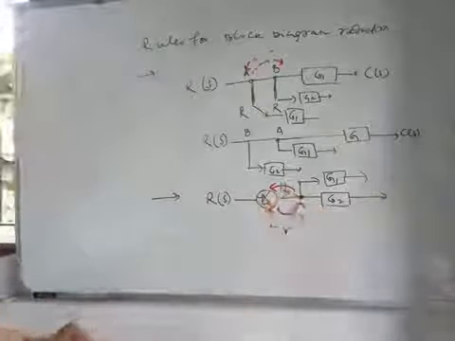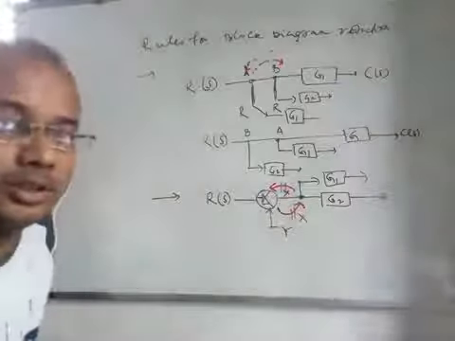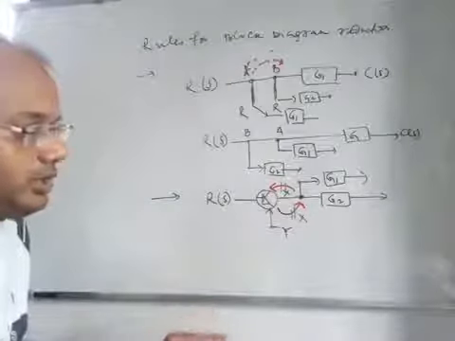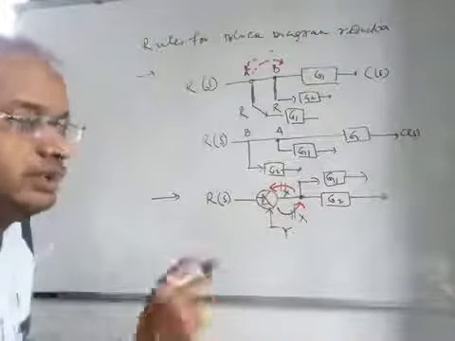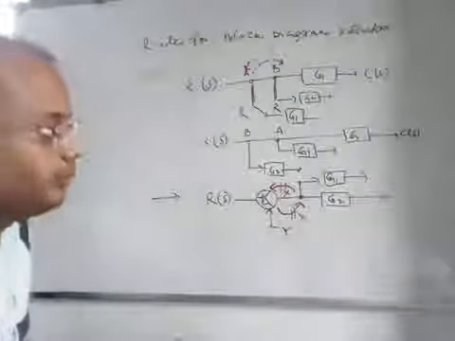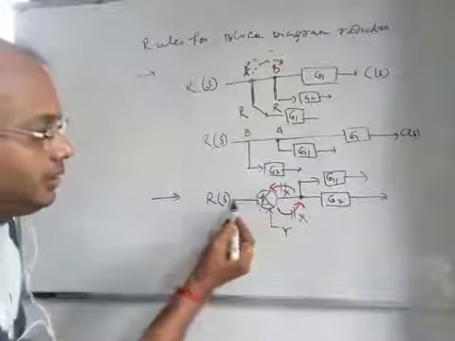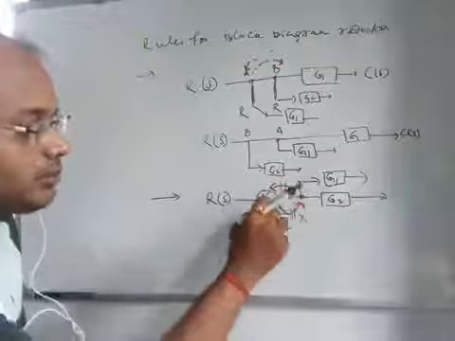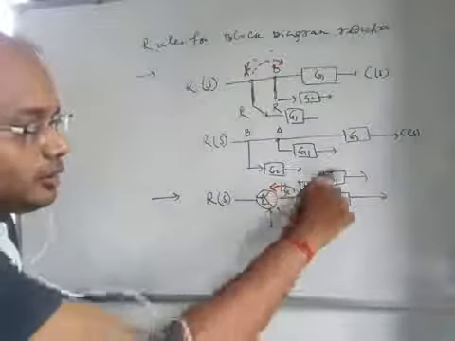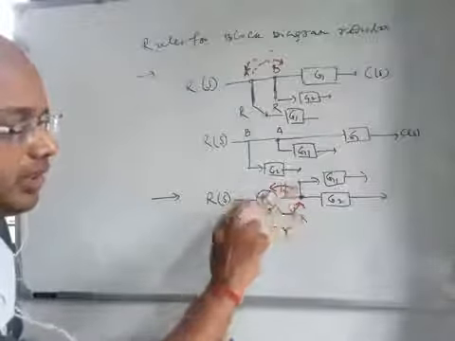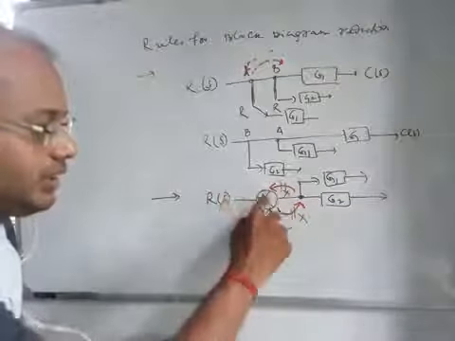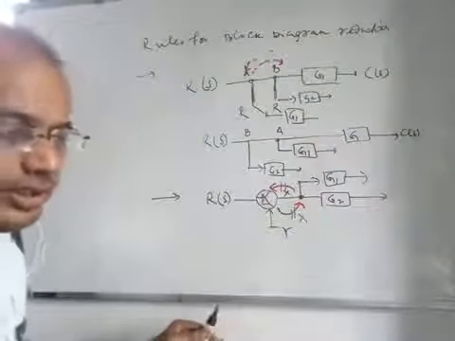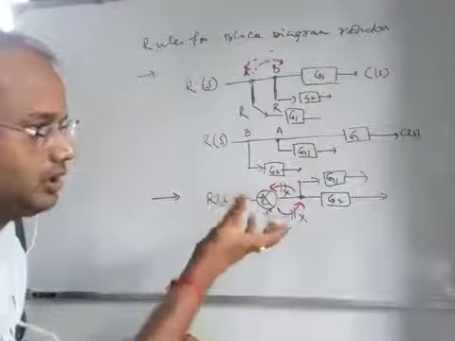Not possible. Interchange of two takeoff points is possible, and interchange of two summing points is possible side by side depending on their positions, but interchange of a summing point and a takeoff point is not possible, because any signal, first of all, this is a signal coming here, this is another signal coming here, and the resultant of the signal is R(s) plus or minus Y, right? So that signal goes there. If you shift these two parts, it means something else: R(s) goes to G1, R(s) goes to G2, and then the adding or subtracting comes in the picture. So this is not possible.